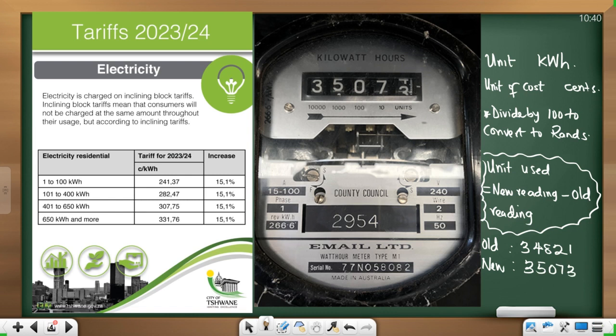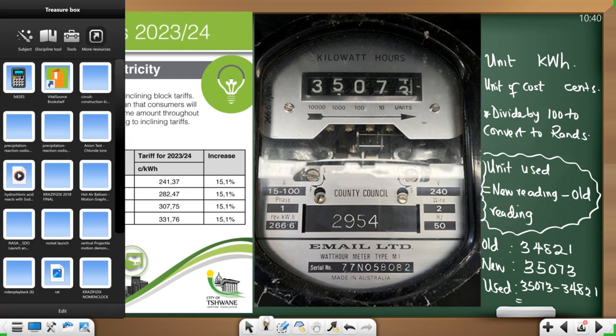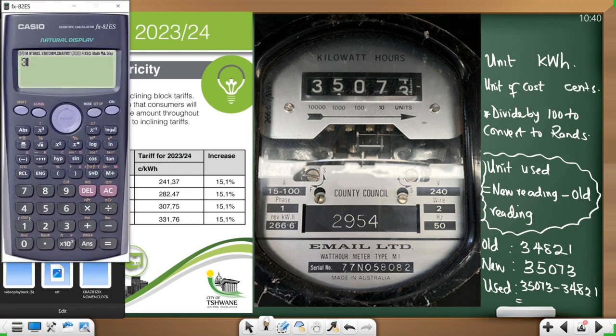Now, how do we calculate what is used? What did you use between that time? We would say 35073 minus 34821. Then we'll put that in the calculator and get the value that you have used. This is important as it forms the basics of understanding.